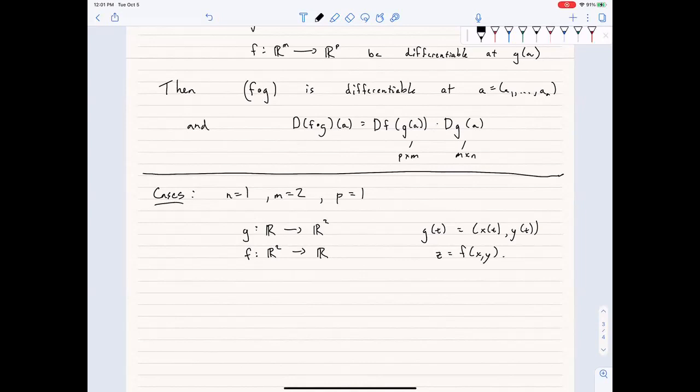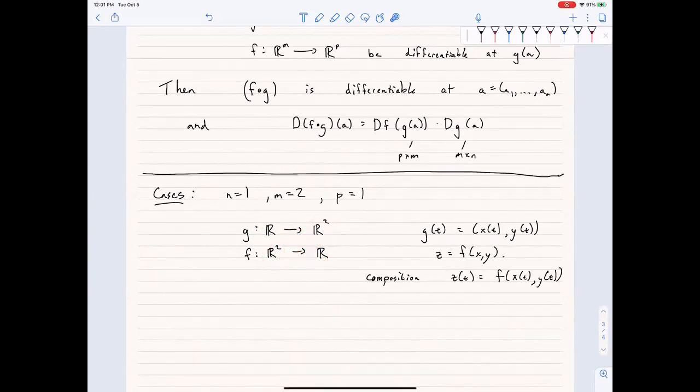Now, what is the composition? The composition z of t is f of x of t, y of t. If I compose these two, I start with G, go from the reals to the plane and then back to the reals.